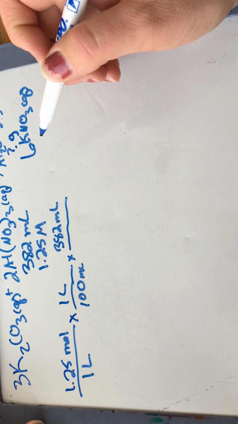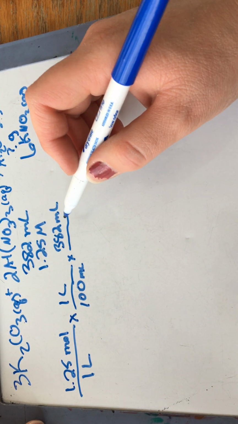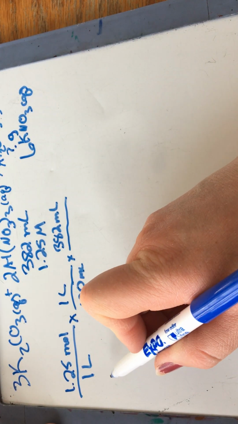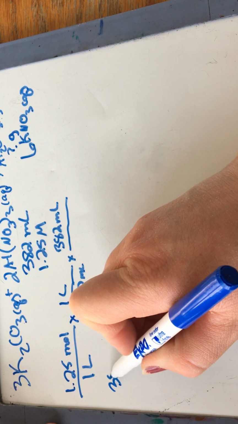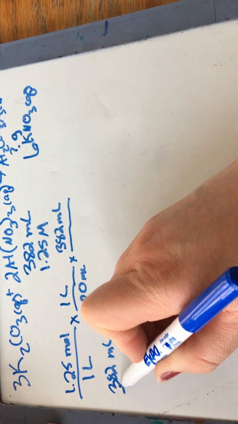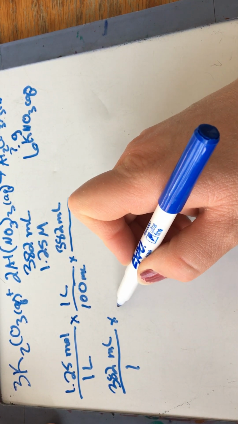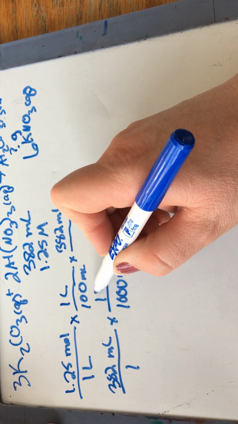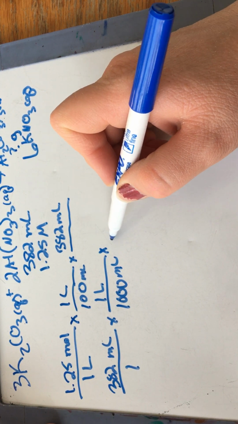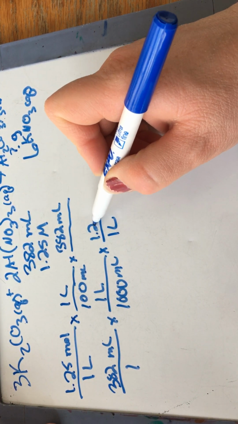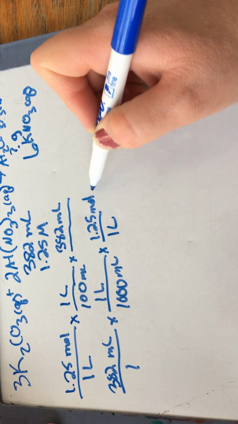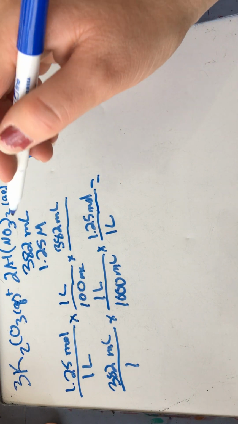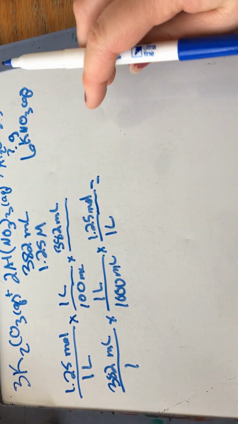So let's figure out where that should give us moles. So we might want to actually list it like this: 382 milliliters over 1 times 1,000. Whoops, good thing I rewrote this because that's not right. For 1 liter times 1 liter, 1.25 moles.